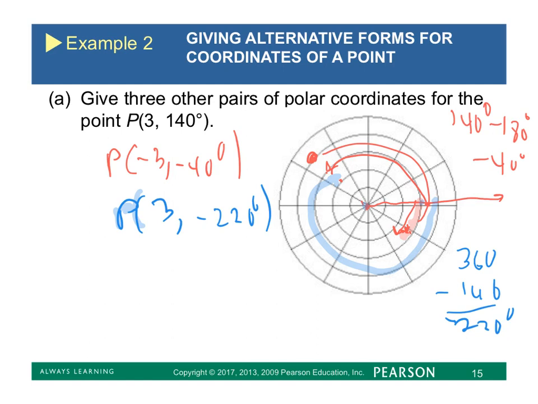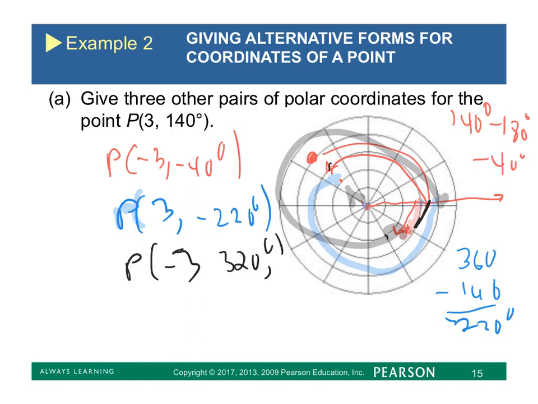What if I start on where the polar bears live and go all the way around to this spot here and then go opposite direction? That would be a positive, let's see, 360 minus this 40 here, 320 degrees positive, but a negative 3 to get it to reverse up there.